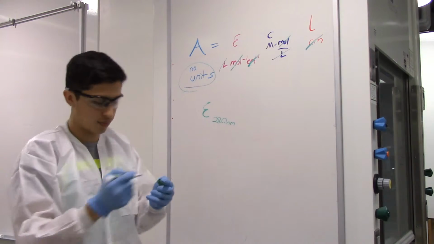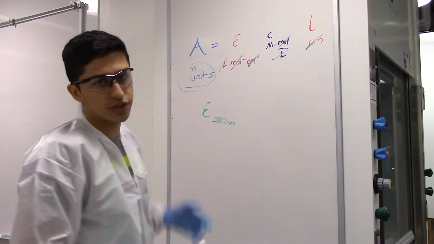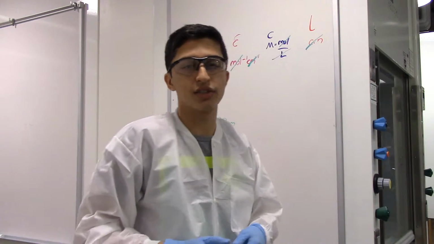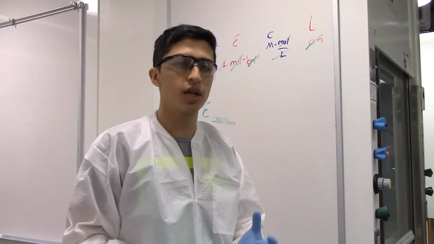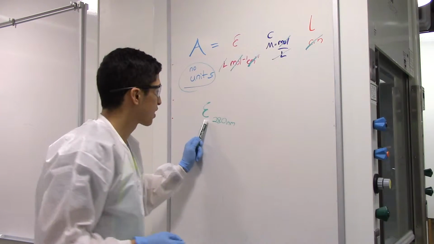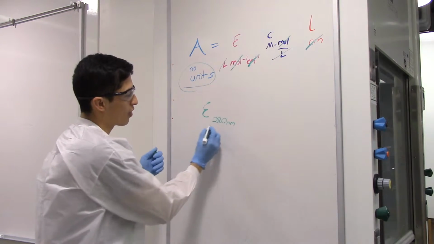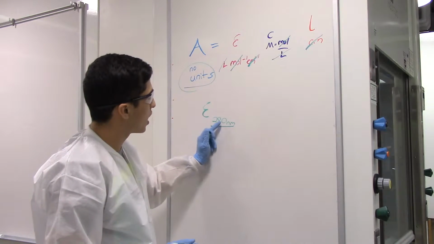That's important to note. Absorbance never has any units. Now, extinction coefficient is something that we use, essentially, to measure how strongly a molecule absorbs light at a particular wavelength. So you'll always see extinction coefficients like this. You'll see epsilon, and then you'll see a particular wavelength that we are questioning, 280 nanometers.